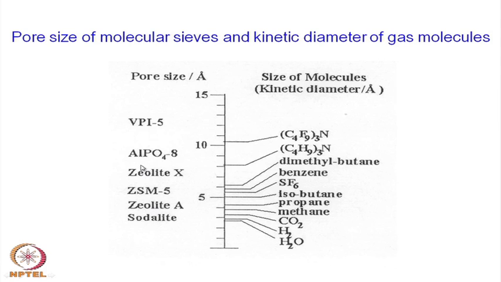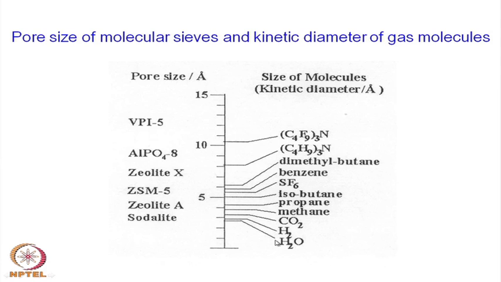All of them are zeolites of different compositions and slightly different structures, and therefore, they have different pore sizes or crystallographic pore sizes or tunnel sizes. And on the right hand side, you have the kinetic diameter of some of the gaseous molecules.